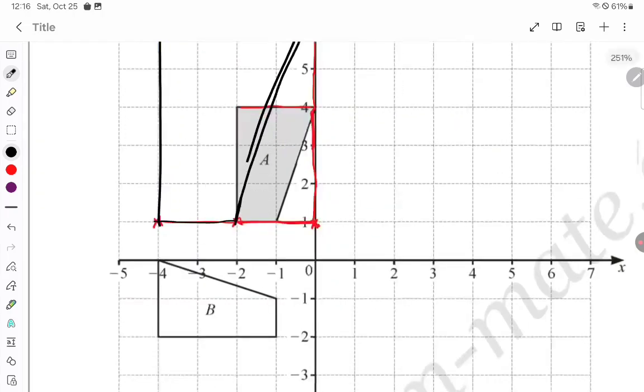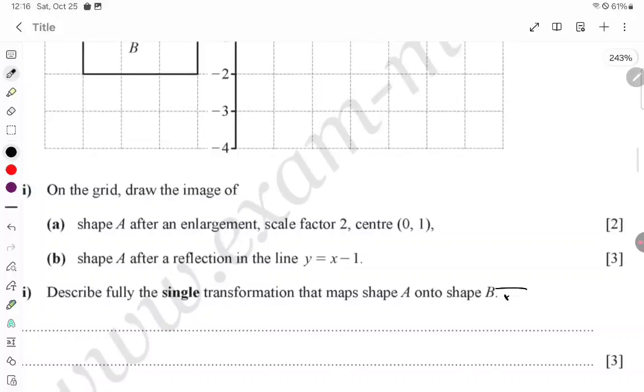So by now, for part B, shape A after a reflection in the line y equals x minus 1. For that, first arrange the equation. Subtract x from both sides, add 1 to both sides.